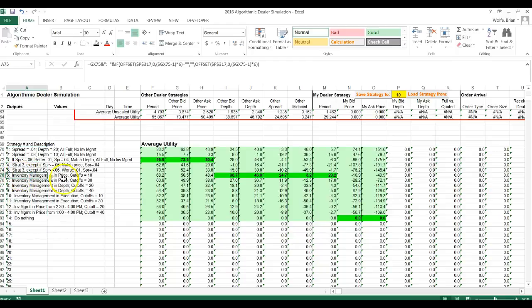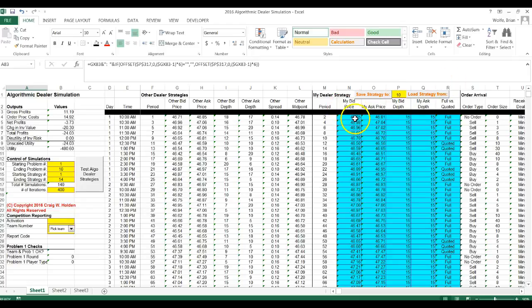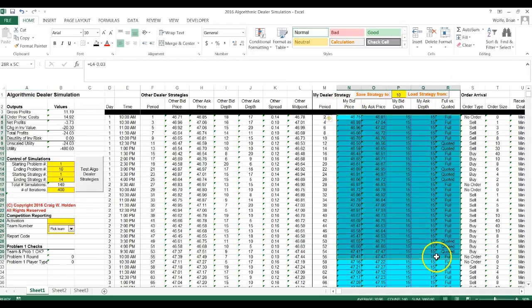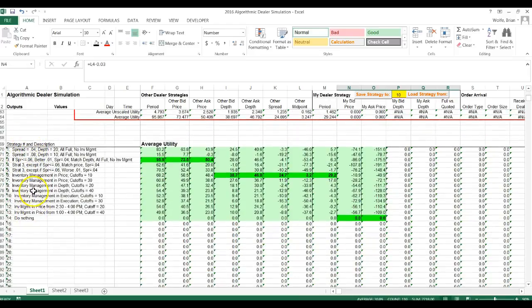Whether we're going to behave in an inventory management kind of strategy, where we're going to stop taking more orders and try and mean revert our inventory back to zero, or if we're going to just dictate how we determine the spread, or do we just do nothing? And so all of these are valid strategies that we're going to come up with. How do we tell it to do that strategy up here in these boxes? And we're going to save them, and they're going to get saved down here in these rows, okay?